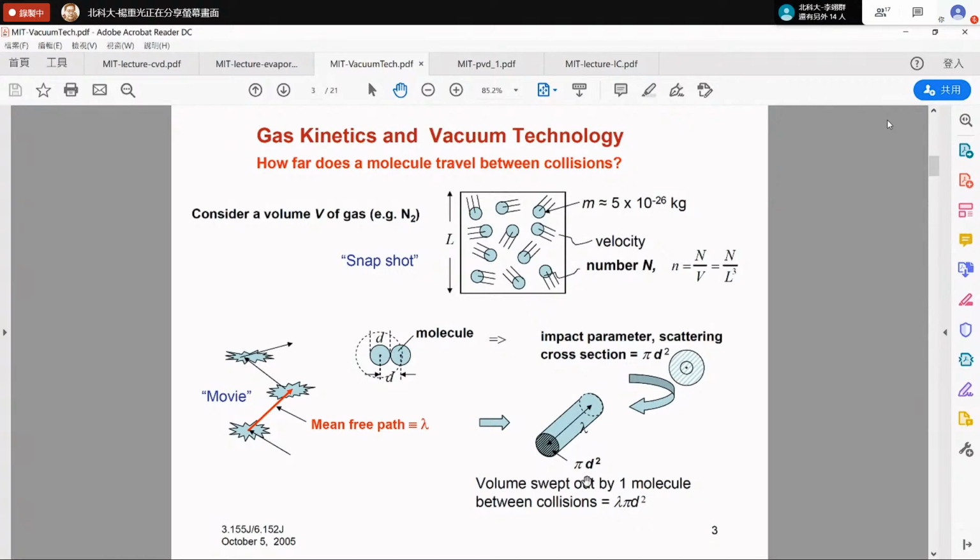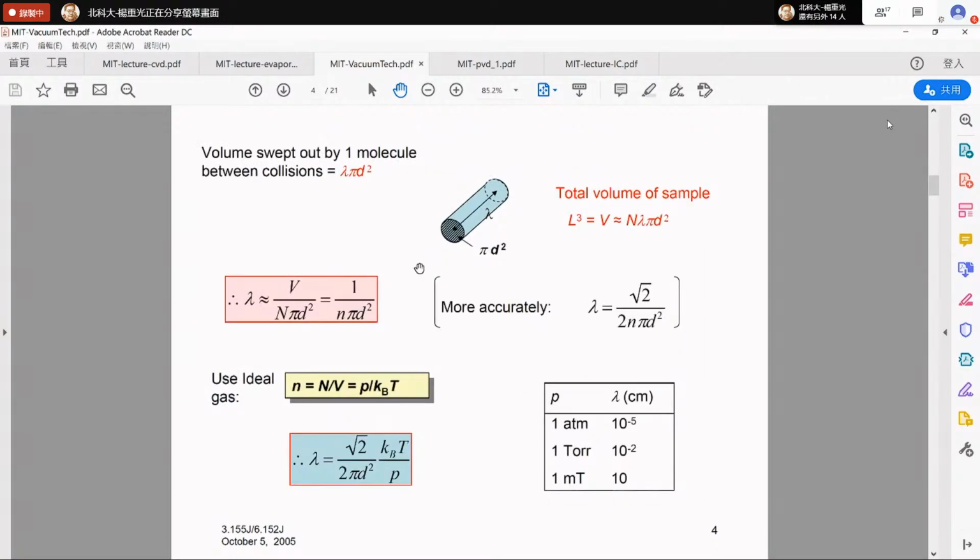Let's bear in mind that the volume between collisions is lambda pi d squared, where lambda is the mean free path. So the total volume of the sample is n times lambda pi d squared. So lambda equals V over n pi d squared.